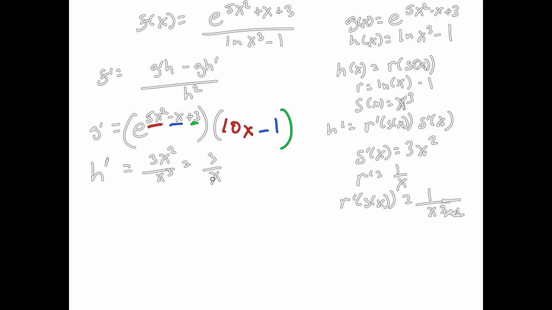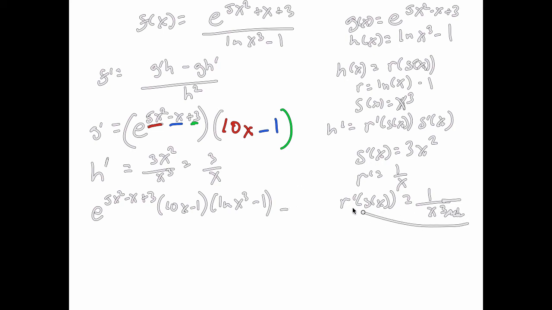So now I can finally put them all together and get e to the 5x squared minus x plus 3, times 10x minus 1, times h, which is natural log of x cubed minus 1, and divided by, minus. It's a very long one. I should have left more room.